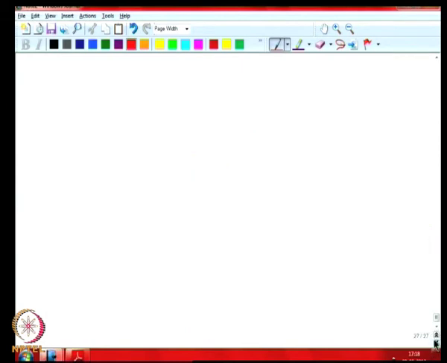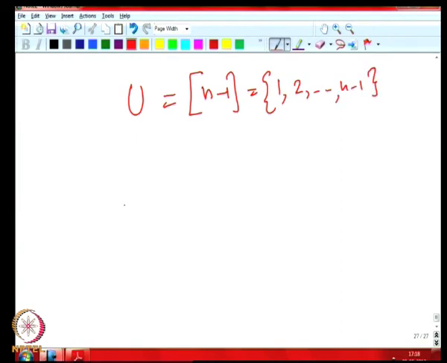So we want to derive this formula using the inclusion-exclusion principle. The technique is very similar. We will take n minus 1 as the universe, that means the numbers from 1 to n minus 1, and then we define the undesirable properties.